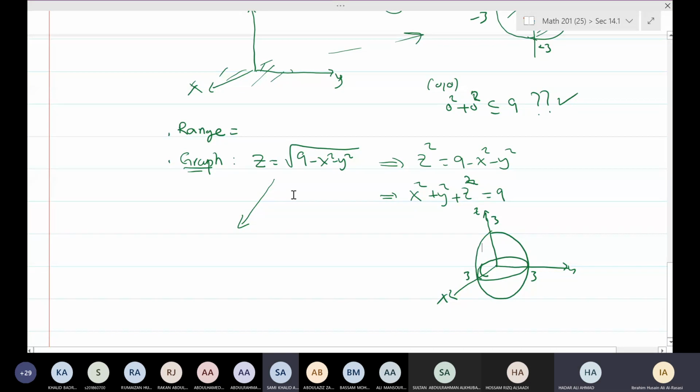The positive, upper part. We have z equals a root, so z is always positive, right? It is not negative because it is a root. Since z is positive, I take the part of the sphere with z positive, which is the upper part. I write it in this manner, something like this.